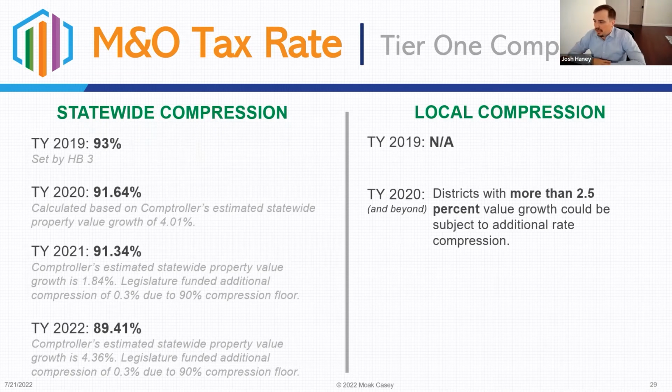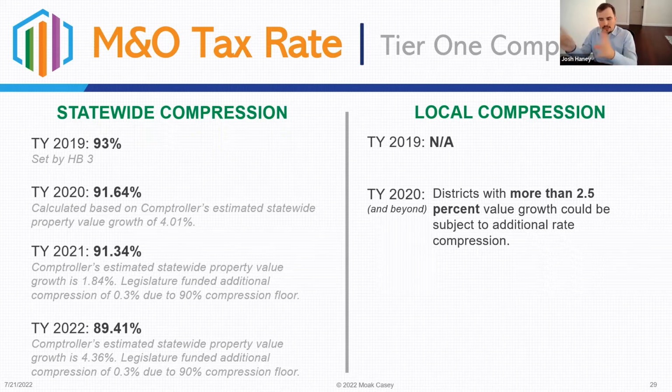And so here's how this has played out since the passage of House Bill 3. In the first year of House Bill 3, prior to House Bill 3, everybody was at $1. House Bill 3 shaved 7% off everybody's tier 1 rate, knocking everyone down from $1 to 93 cents. Then in the second year of House Bill 3, the controller estimated statewide property value growth of just over 4%.